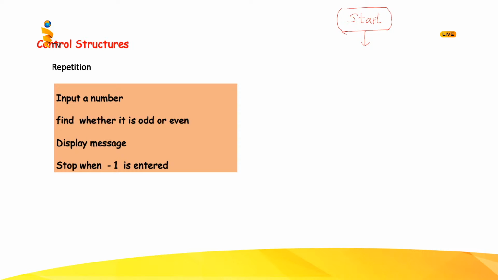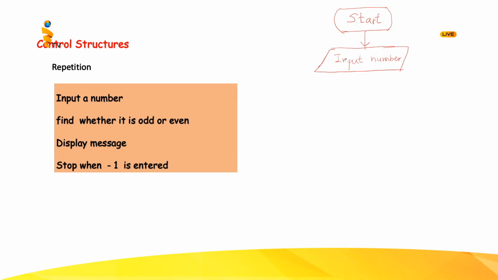I have to input a number and say whether it is odd or even. Input a number. So I have to use the input symbol, input number. I will write number here.